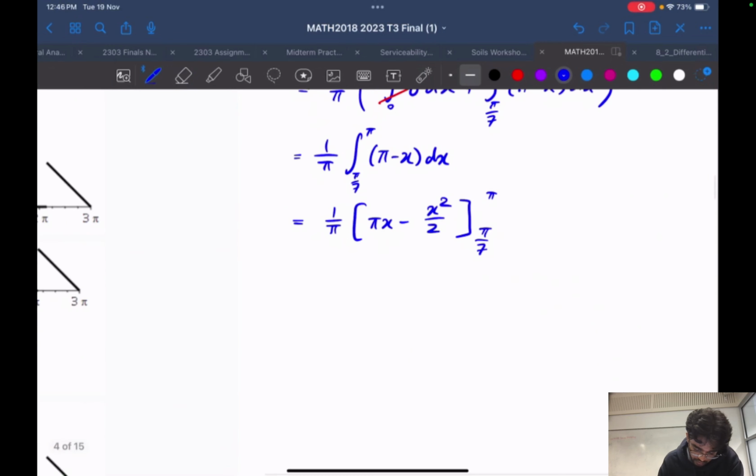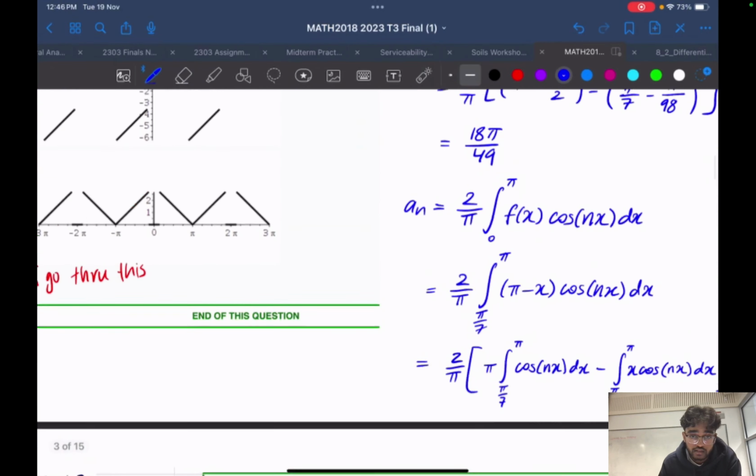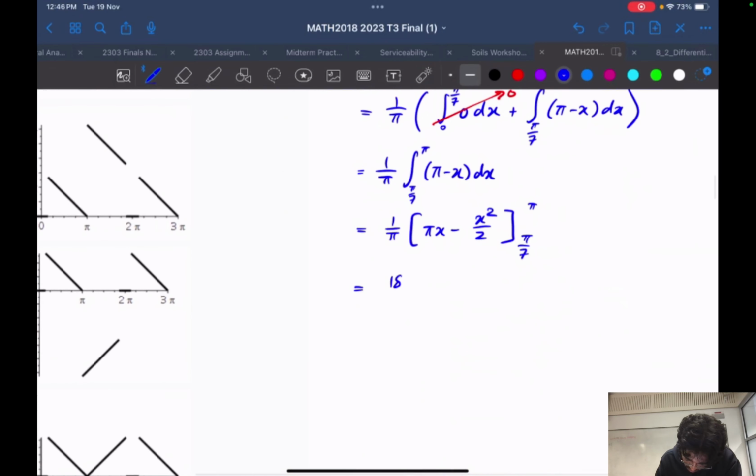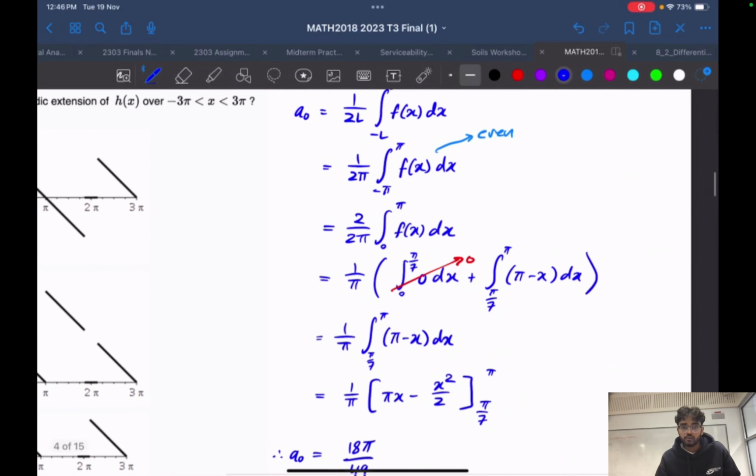I'm not going to bore you with the whole solution, so I'm just going to skip to what the answer is: 18 pi on 49. Okay, so therefore a0 is equal to 18 pi on 49.